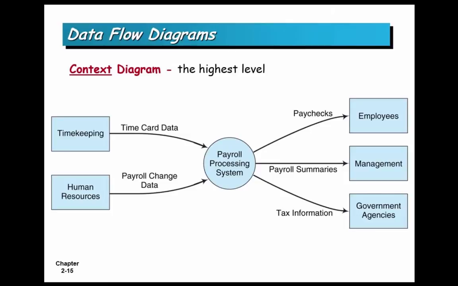Employees receive their paychecks from the system, so they're external to it. Management gets some kind of a summary. And government agencies get the information about pay, for 401(k)s or 1099s or whatever are being produced. So that is the context level. One process. One.